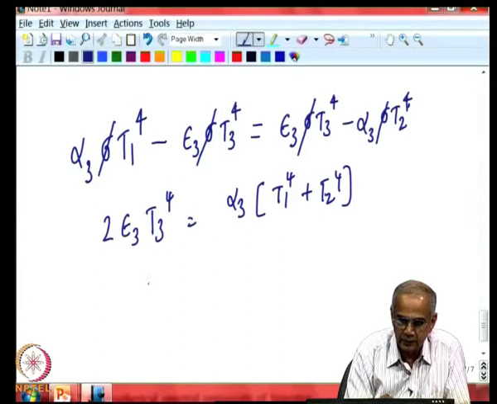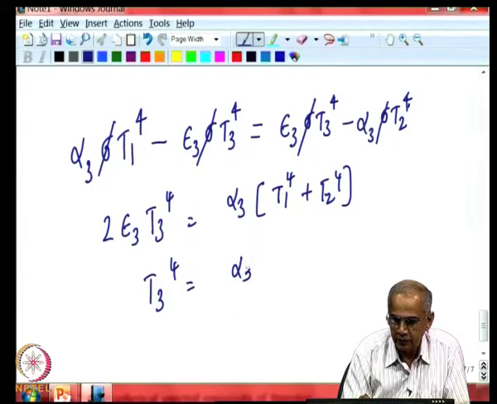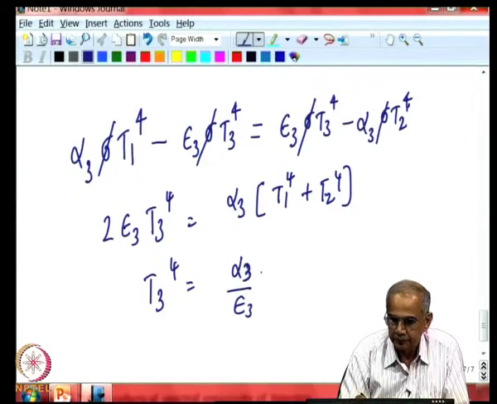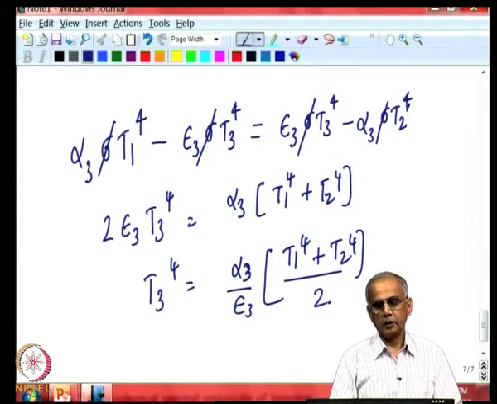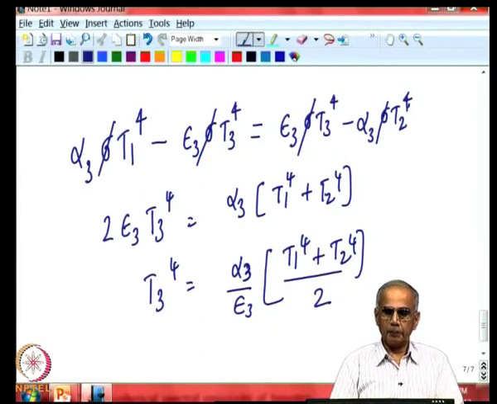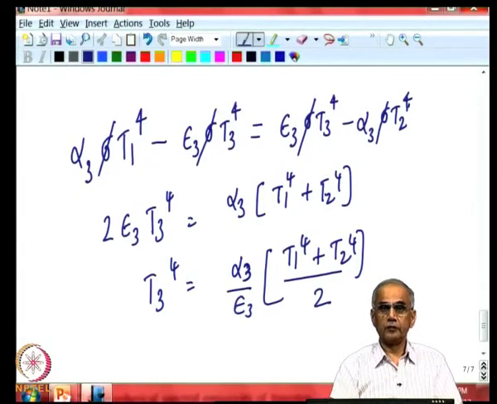So, the final answer really is that T3 to the power of 4 is alpha 3 by epsilon 3 into T1 to the power of 4 plus T2 to the power of 4, divided by 2. So, the metal shield between two black plates will have a temperature which depends on the temperature of the two plates, but depends on the ratio of alpha 3 to epsilon 3.